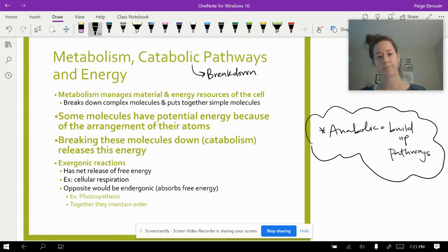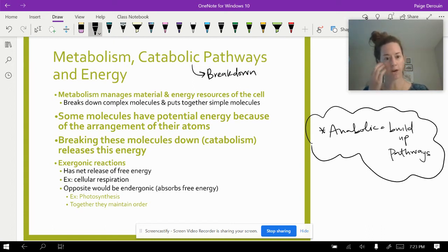And like I said in the enzyme video, these things kind of go together. So you have catabolic pathways so that you can have anabolic pathways, so that you can use the parts of what you broke down in order to build up something new, like your muscle or new cells.